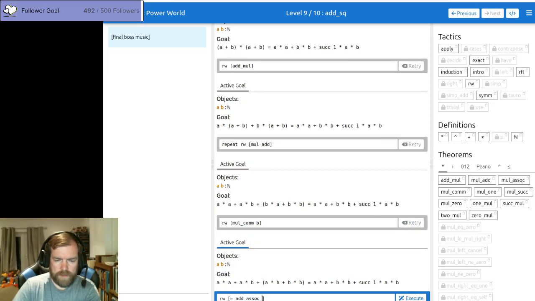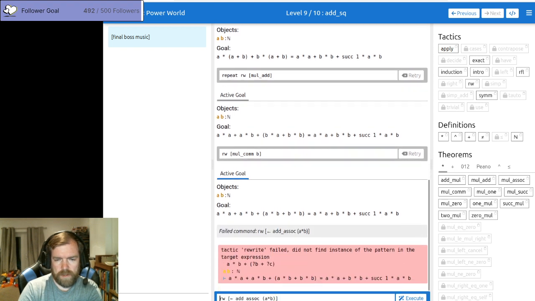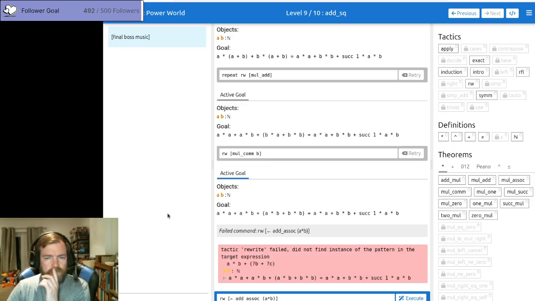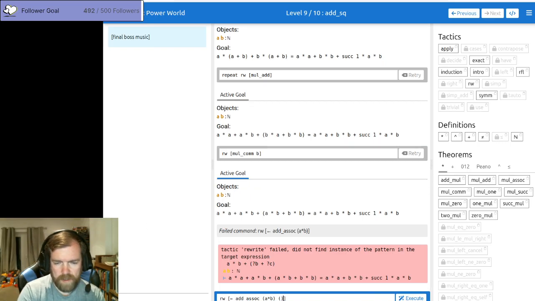Additive associativity of a times b. Does that change it at all? No. But it's there. A times b, a times b, b times b.